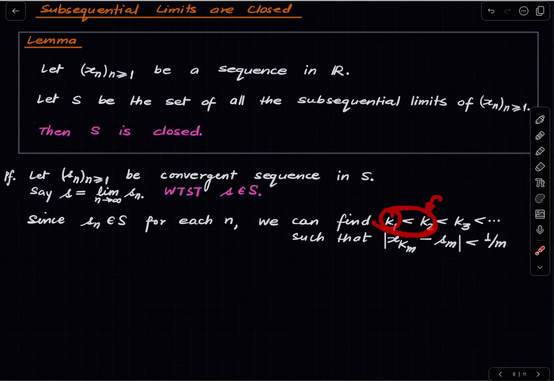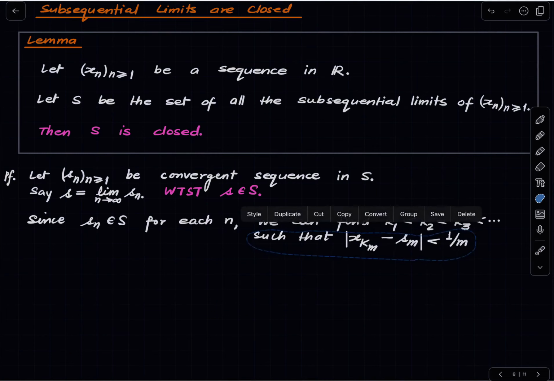Now you have k1 and k2, so you pick a k3 which is bigger than k1 and k2, because there were infinitely many k3s available to us. So we can build a subsequence of xn with this property. This is true for all m. I hope that reasoning was clear, because that is crucial to this proof.